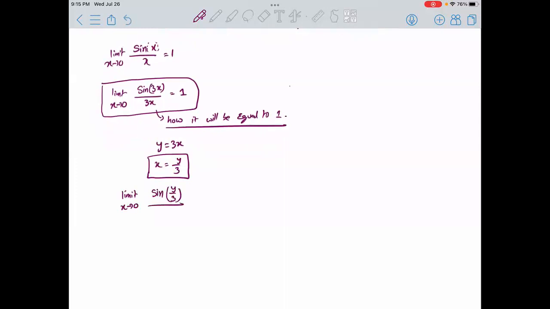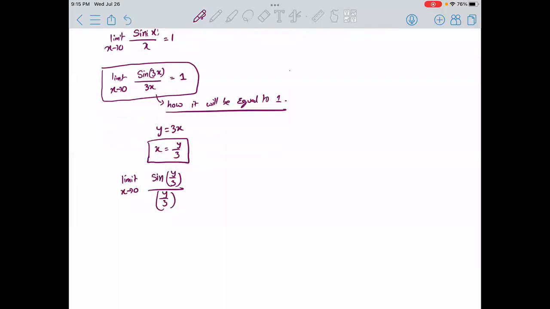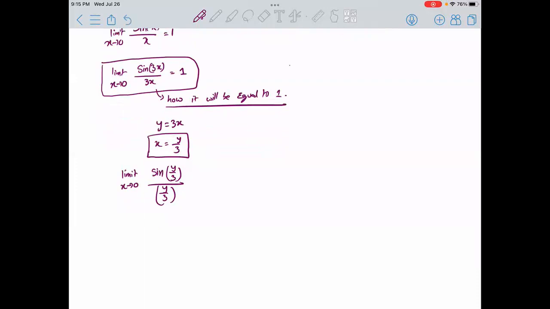Since x tends to 0, y equal to 3x also tends to 0. So limit y tends to 0 of sine y divided by y.